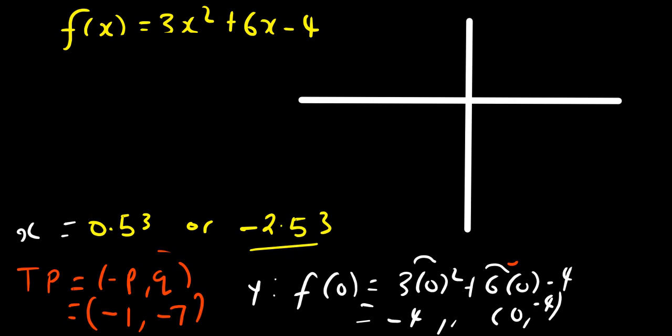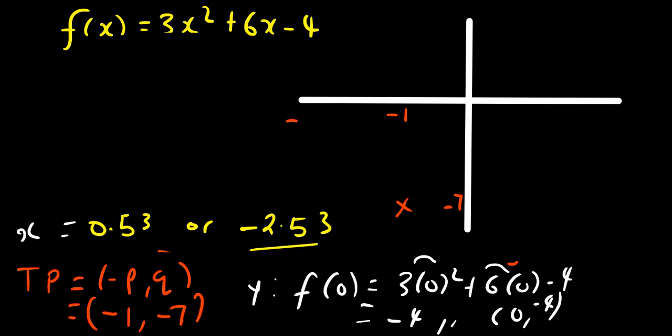Let me just approximate. Allow me to say this is negative 1 and this is negative 7. So let's say our point will be there like that. Then the x-coordinates that we found on the x-intercepts, we got something like negative 2.53.